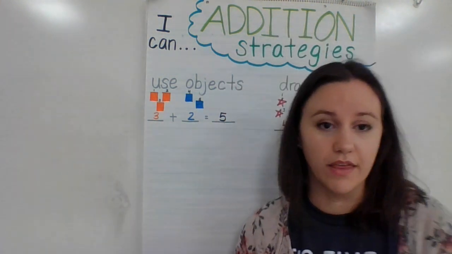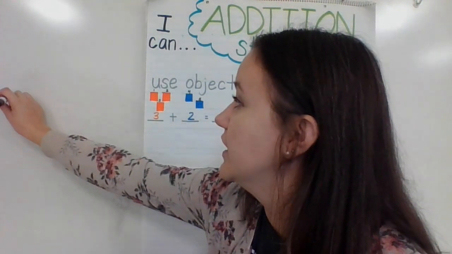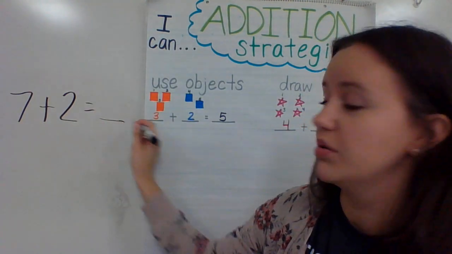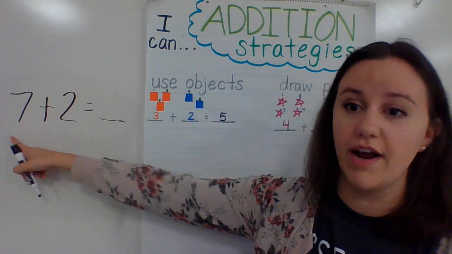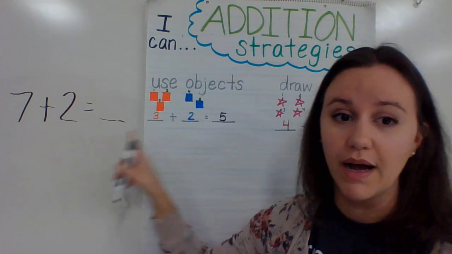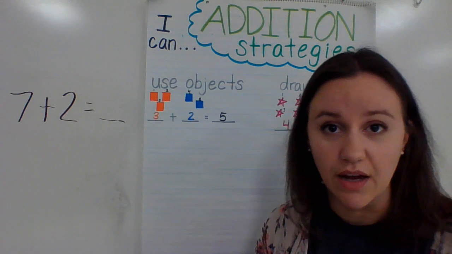So let's try that with a different problem. I'm going to write a different addition problem up here. Do 7 plus 2. So 7 is one of our add-ins, 2 is the other add-in, and I'm looking for my sum. So I'm going to draw pictures to help me solve.